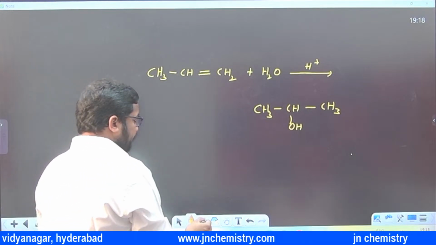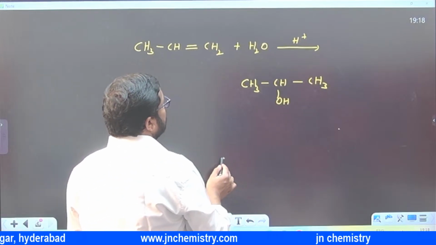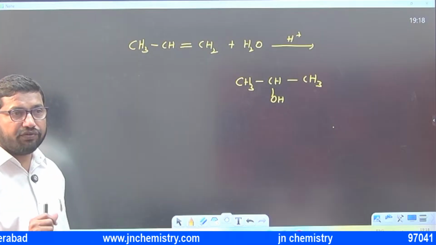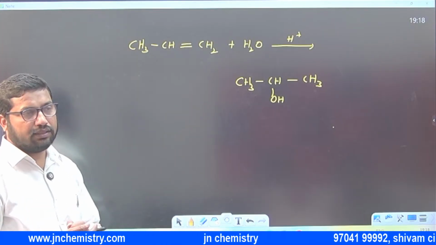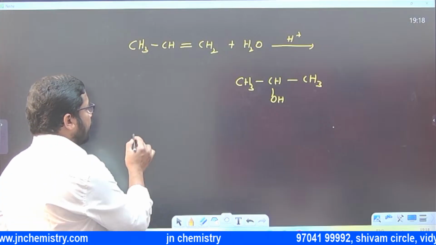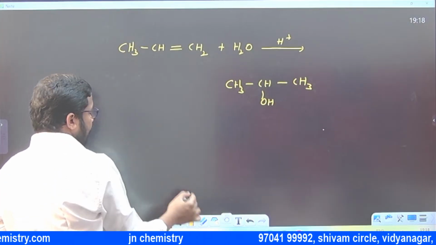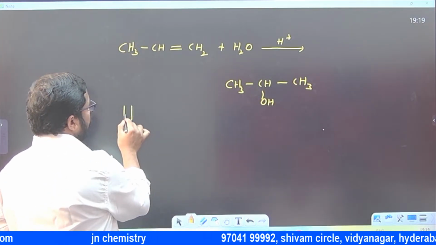In the same reaction, if we want to prepare primary alcohol as the major product, because this is secondary alcohol, we will use hydroboration.